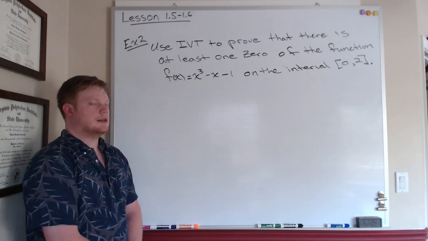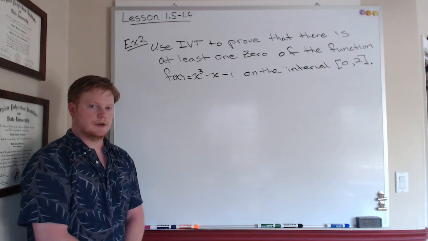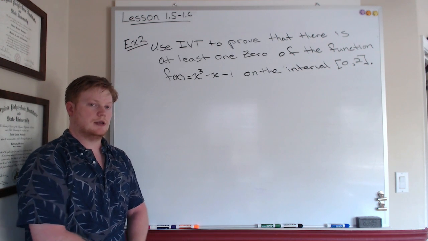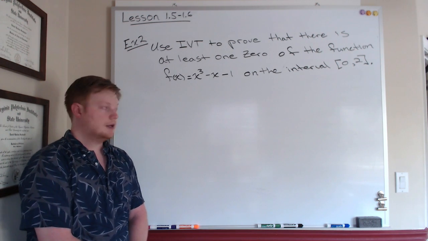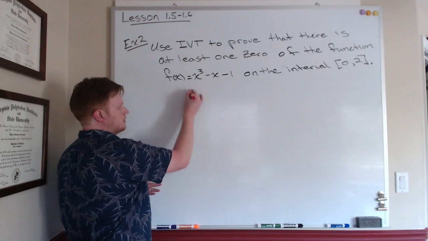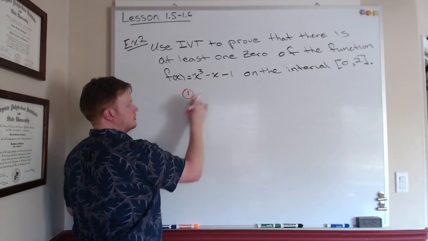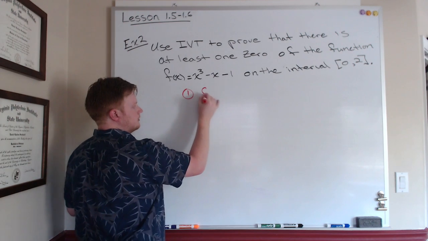Now remember, I said that there were two hypotheses that first needed to be stated in order to make the conclusion that the intermediate value theorem guarantees. That first hypothesis was that the function was continuous. Well, f is a polynomial, so therefore it is continuous.